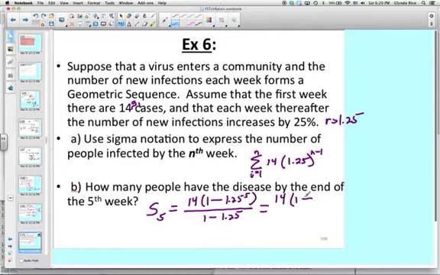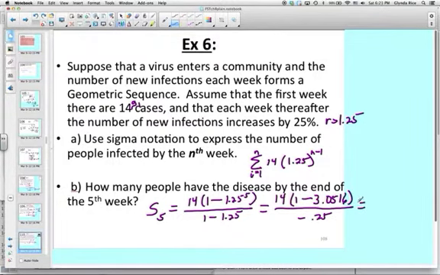1.25 to the 5th is 3.0516. 1 minus that takes it to negative 0.25.